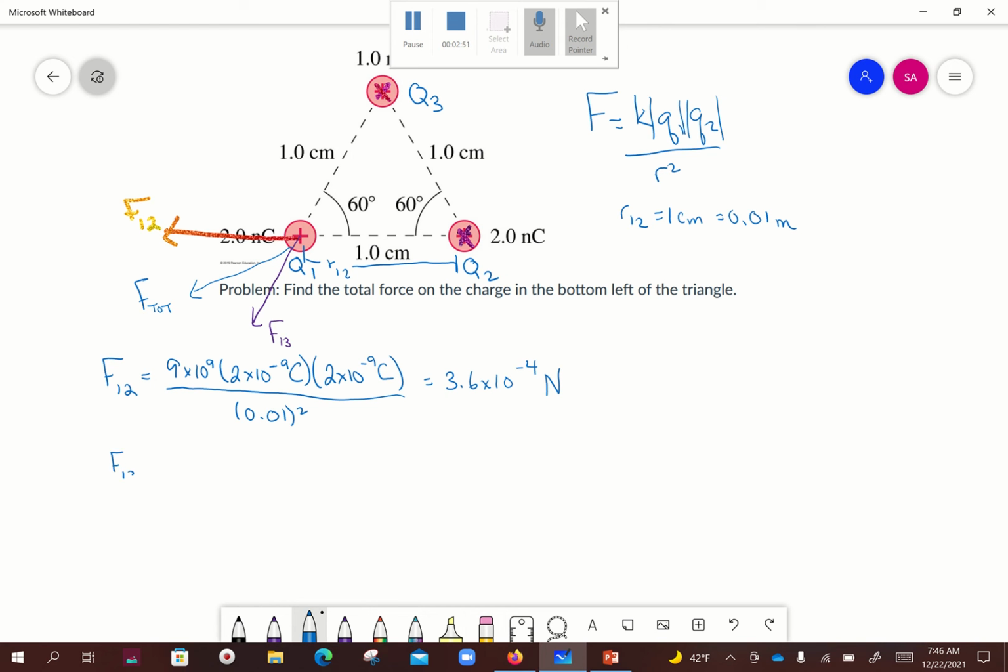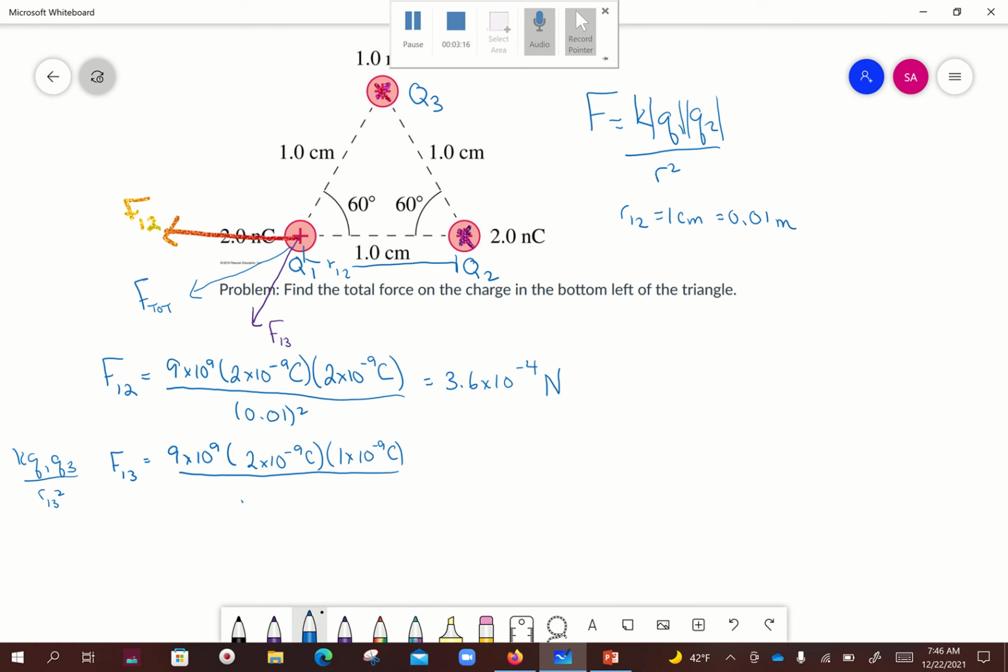All right, how about F13? Same thing, except now I'm going to do Q1, Q3. So it's going to be k Q1 Q3 over the distance between 1 and 3 squared. Q1 is still 2 nanocoulombs. Q3 is 1 nanocoulomb.